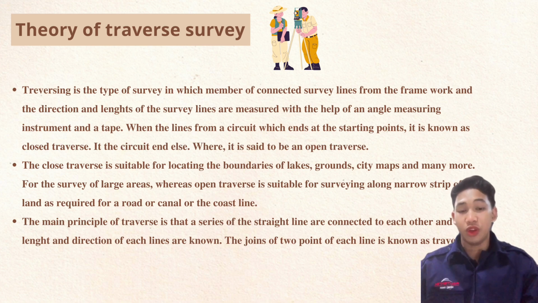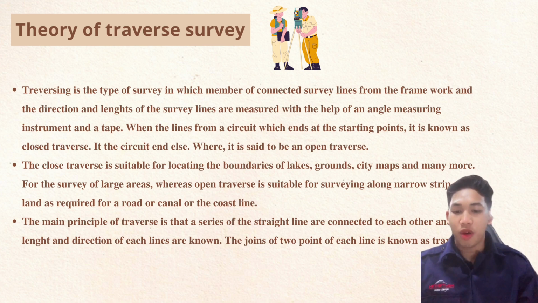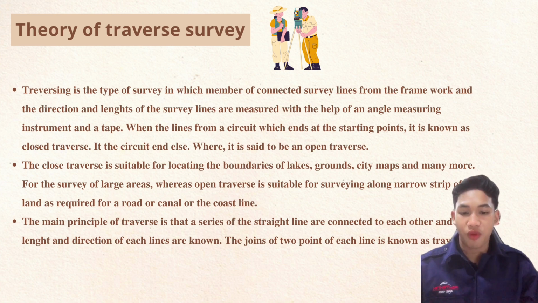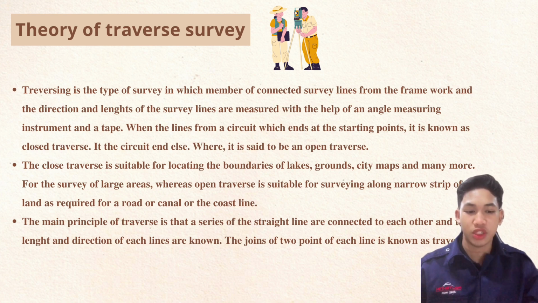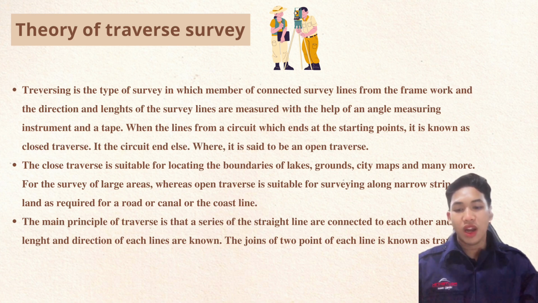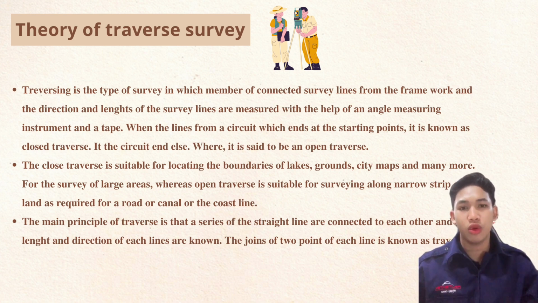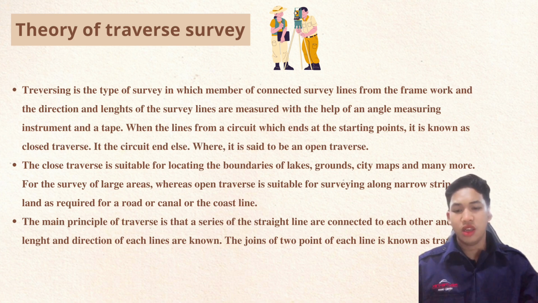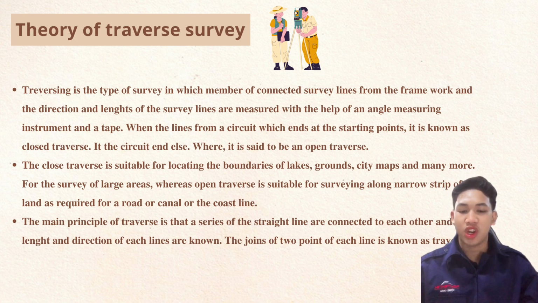Okay, so for the theory, traversing is the type of survey in which a number of connected survey lines form the framework, and the direction and length of the survey lines are measured with the help of an angle measuring instrument and a tape. When the lines form a circuit which ends at the starting point, it is known as a closed traverse. If the circuit ends elsewhere, it is said to be an open traverse.